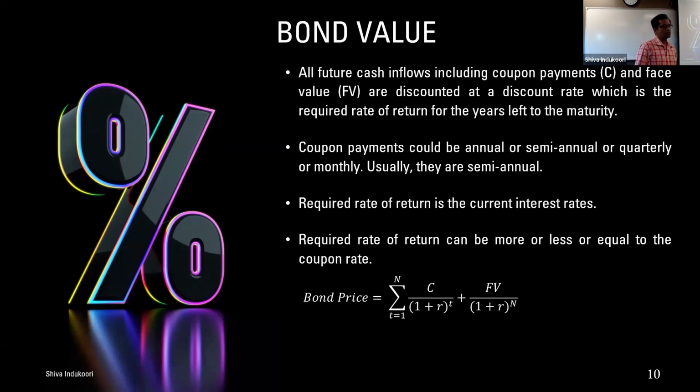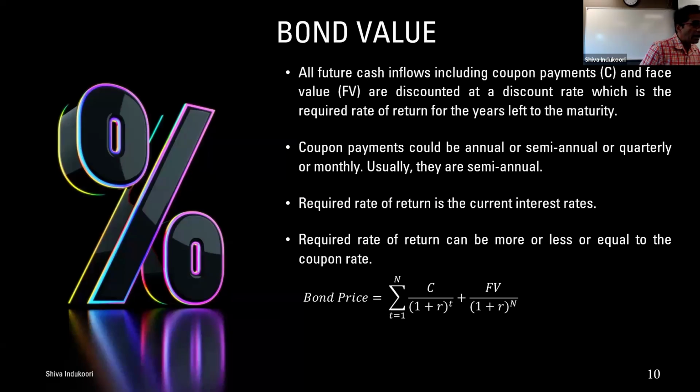So what's the benchmark interest rate here? Maybe it's too early, but still, let me give you quickly. If it is for a 1-year bond, you should take a treasury bill kind of instrument to compare as the current interest rate or required rate of return.